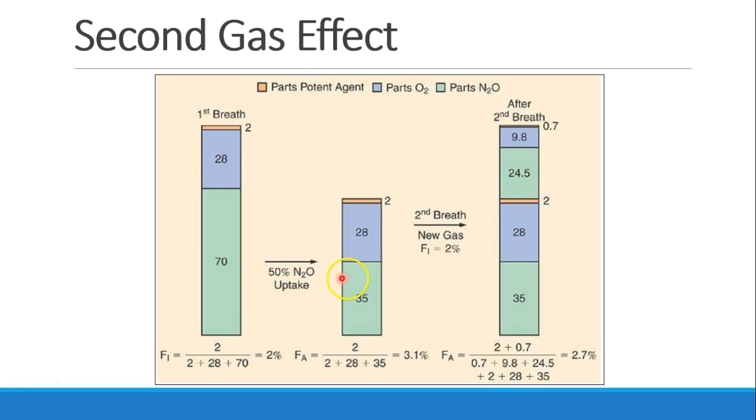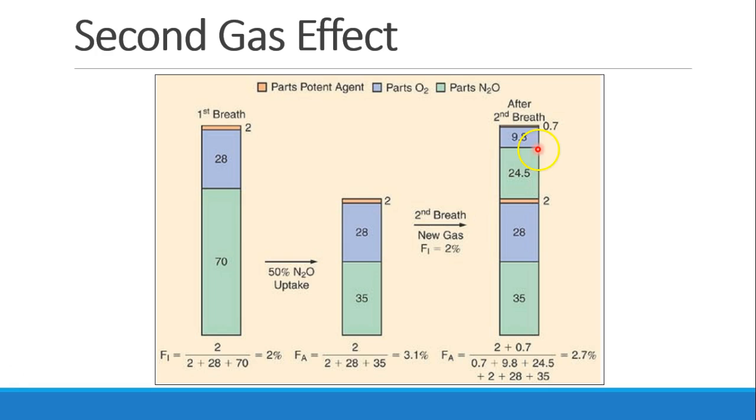And then because nitrous oxide is taken up so quickly, half of it is taken up into the lungs right away. And now, since we have sort of this gas deficit, and the sevoflurane hasn't really had a chance to move into the lungs yet, FA has jumped from 2% to 3.1%. And then with the next breath, we have our augmented gas inflow. Another portion of gas comes in to fill up the alveoli again.